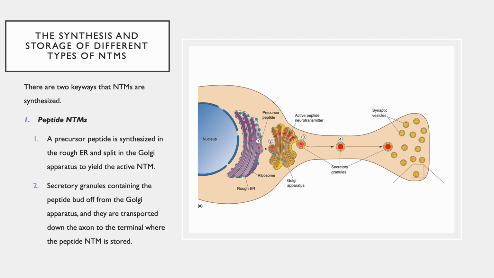And secretory granules containing the peptide bud off from the Golgi apparatus, and they can be transported down the axon. Now remember, they're transported down the axon along microtubules, similarly to the way that synaptic vesicles are. They can be sent to the axon terminal, where that secretory granule will be stored.